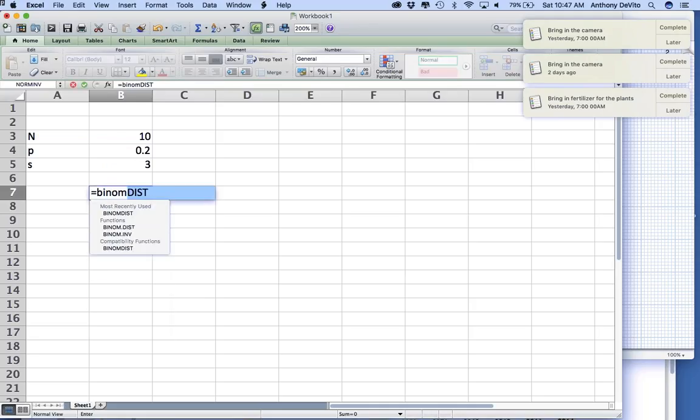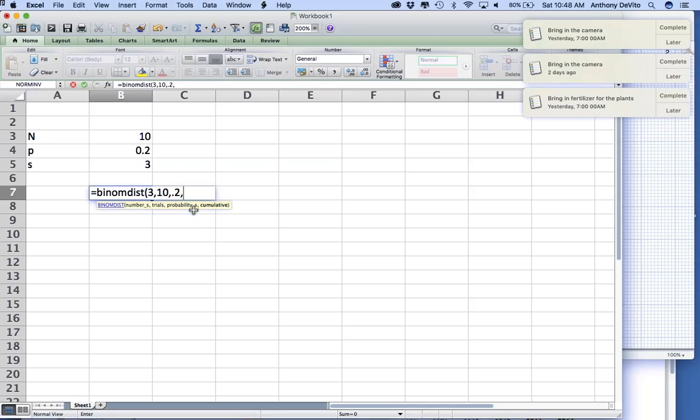Equals BINOM.DIST, open parenthesis. As soon as you write that, Excel prompts you and says number of successes S. The number of successes that I'm looking for is 3. The number of trials, the number of people that you're sampling, is 10. And the probability of success is the probability that any one of those 10 people has high blood pressure, which is the same for all of them, 0.2.